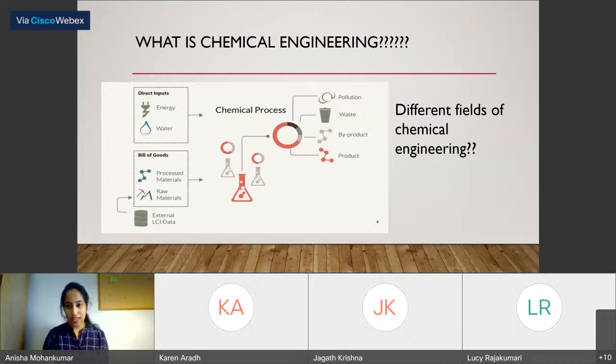It is not totally chemistry, and it's not totally just mechanical aspects of it. You need to have physics, chemistry, and maths knowledge, along with engineering principles to get into chemical engineering.